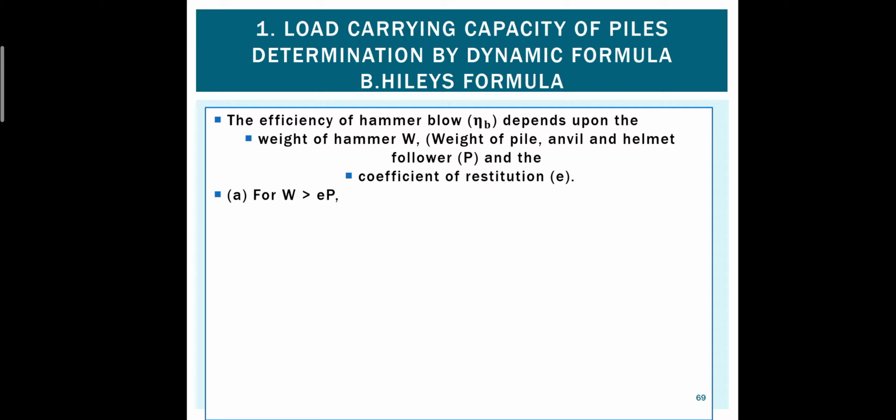If the weight of the pile is greater than EP, then we have the eta B formula as this. If it is less than EP, we have another formula for eta B.